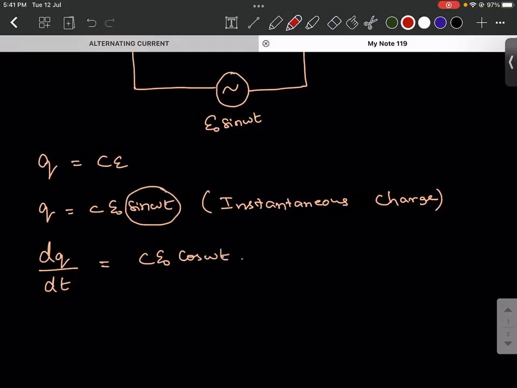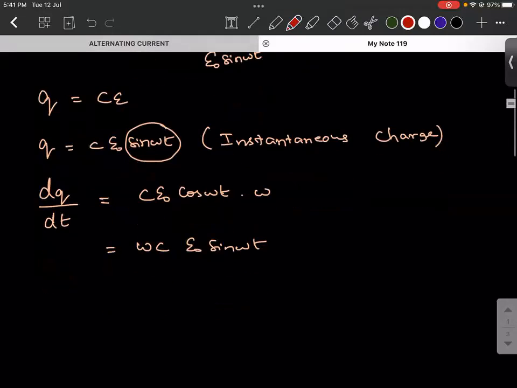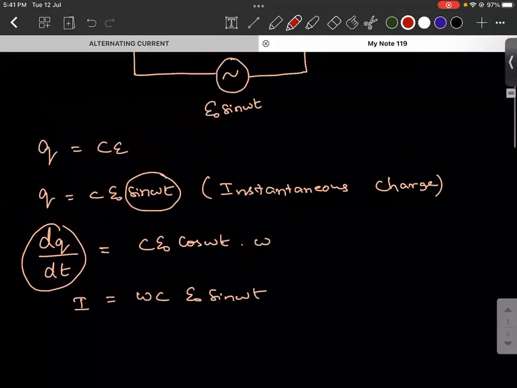Cos omega t into omega. You apply the chain rule. So this will be equal to omega into C into E naught cos omega t. But what is dq by dt? This is I, the instantaneous current. Yeah, so we should see cos omega t, sorry.